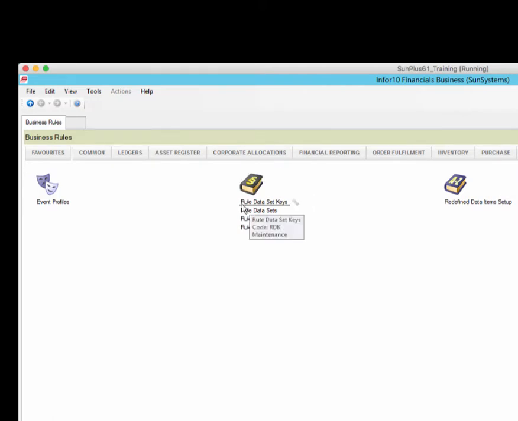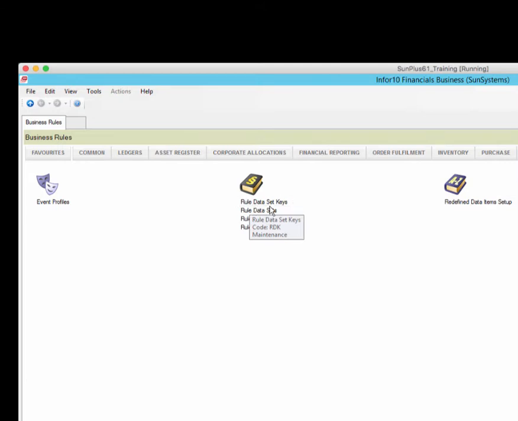Remember from the introduction that we are going to create a rule data set, which is basically nothing but a table. So we are going to take the configuration of the table and sort of to establish the table, we use this function here called rule data set keys. Rule data set key sort of establishes the table headings and how the table interacts back to the functionality of Sun systems.